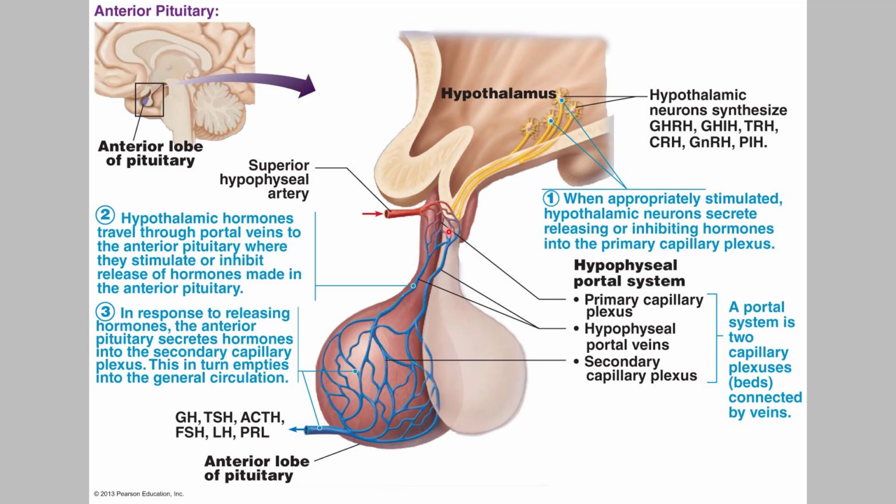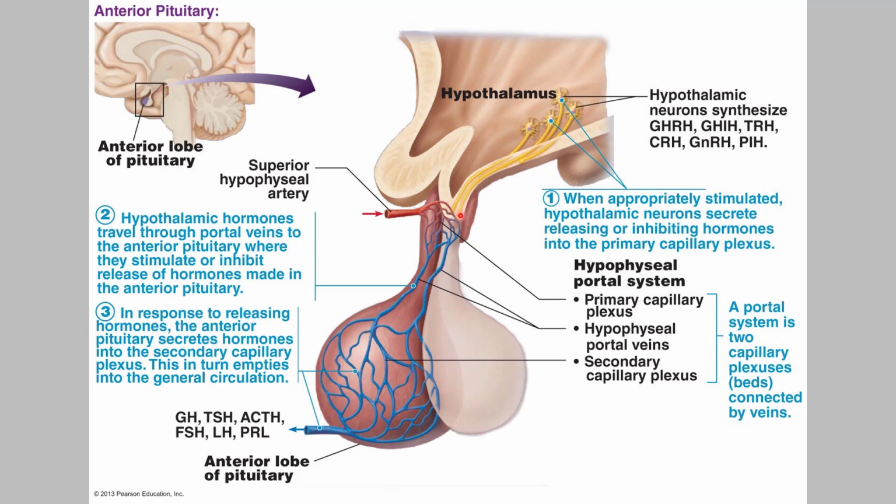And just very briefly, the way that these work is each of these little clusters of neurons will release one of these hormones. These are the tropic hormones from the hypothalamus. And depending on which cluster of neurons, we will get a different hormone being released from the axon terminals.